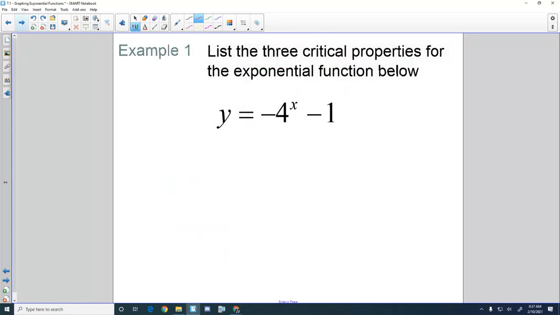So let's try, before graphing it, let's just try listing those 3 critical properties for this exponential function. Okay, let's practice that. First thing I want always is the horizontal asymptote. That's the easiest to identify. That's always just the number that's being added or subtracted at the end. What's that number in this case?